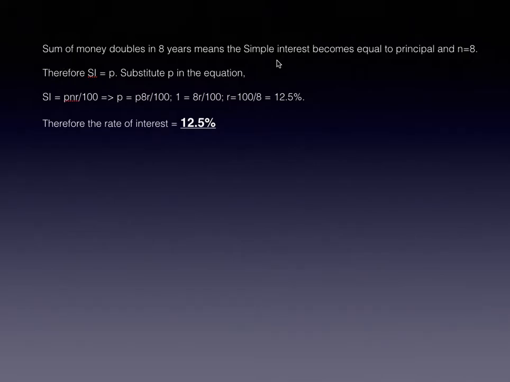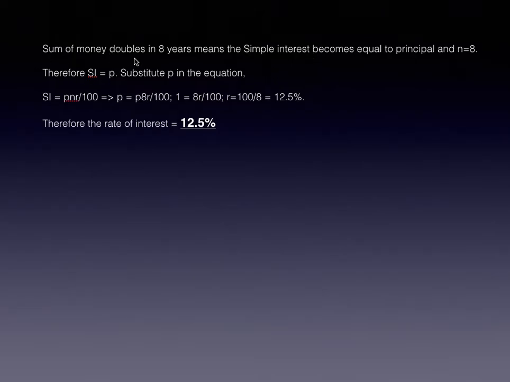So from this example, what we understand here is that we don't know the amount of money invested, but we know only the term, that is for how long we are investing, and we need to calculate the rate of interest.